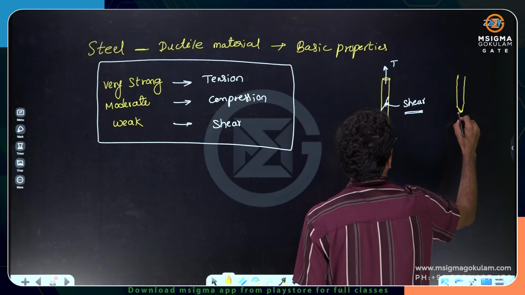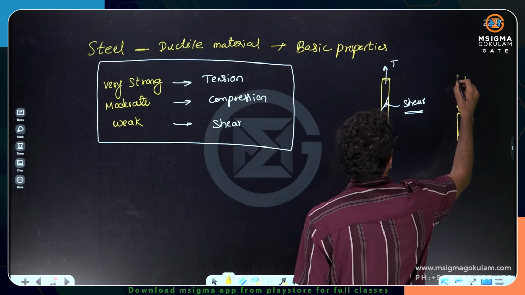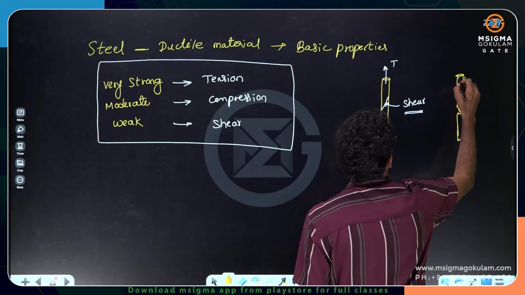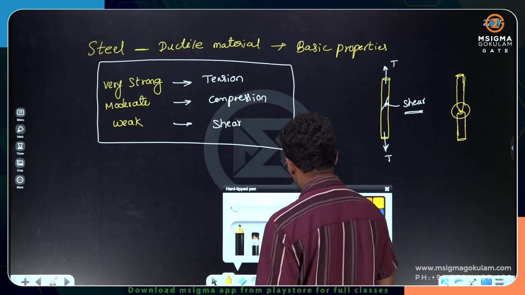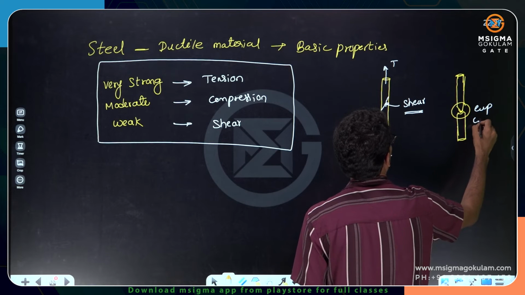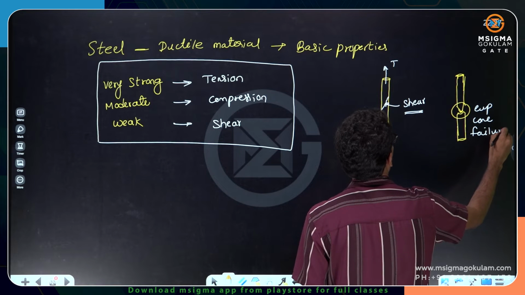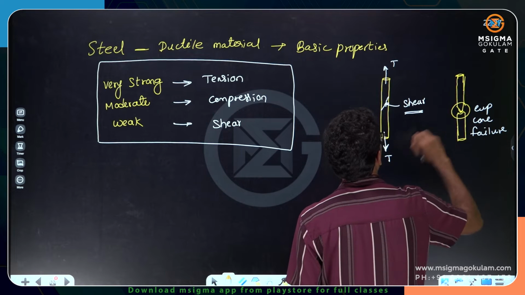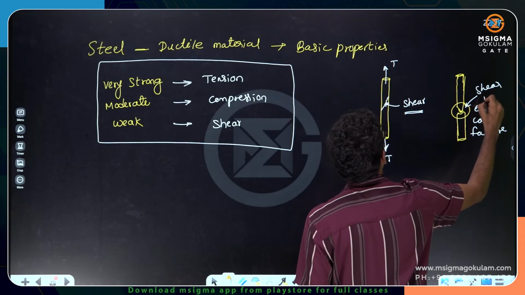Essentially, this kind of failure we can have in the steel. So this is the cup-cone failure, which is basically the shear failure.